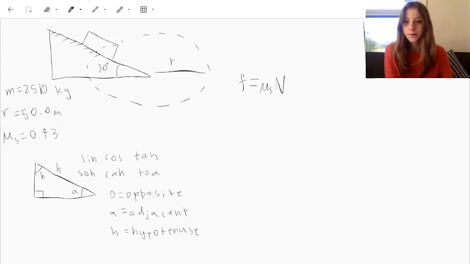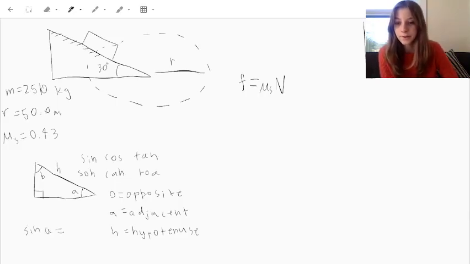So, if we were to say sine A, that's going to be the ratio of opposite to hypotenuse, so it's going to be equal to O over H. So sine is the S, and then it shows you which of the sides you want. C for cosine, and then the sides you want.